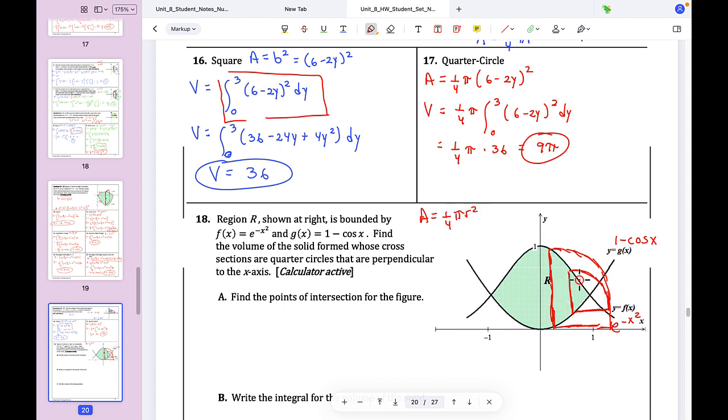And again, in this case, r is actually this entire thing. So how do I get that? What function's on top? That's going to be f of x, right? So r is equal to f of x minus g of x.